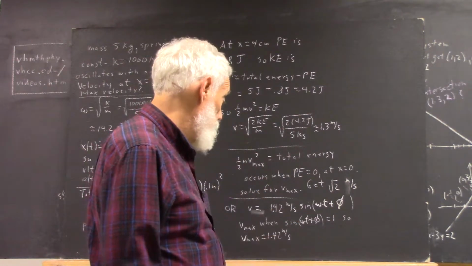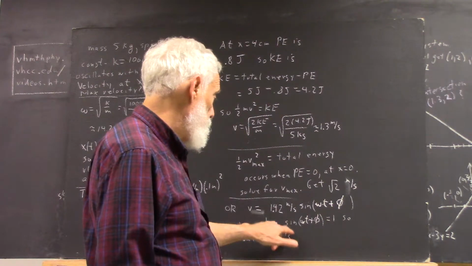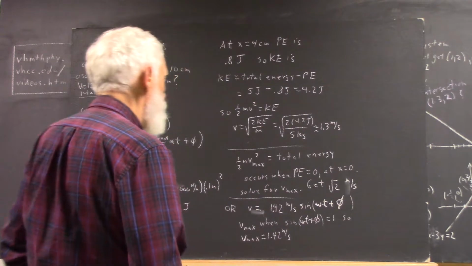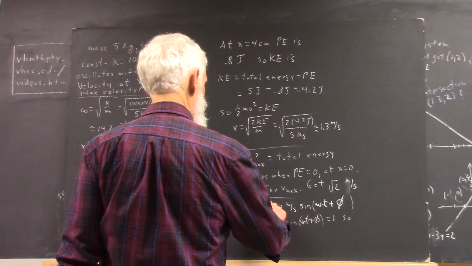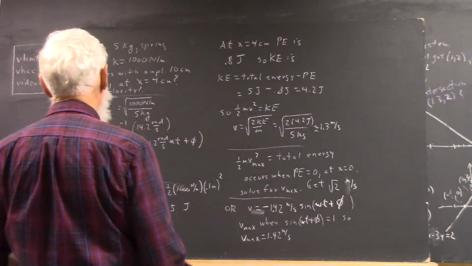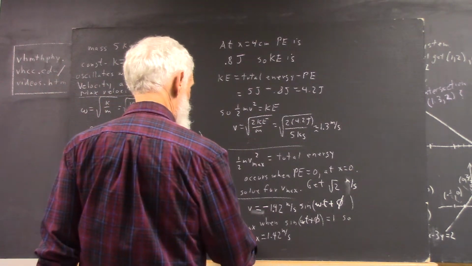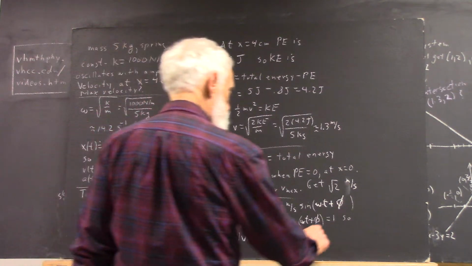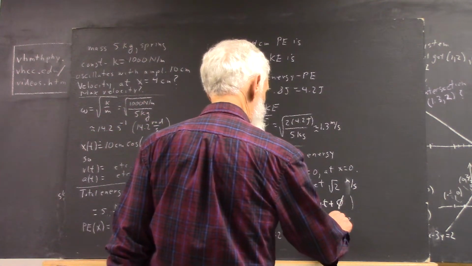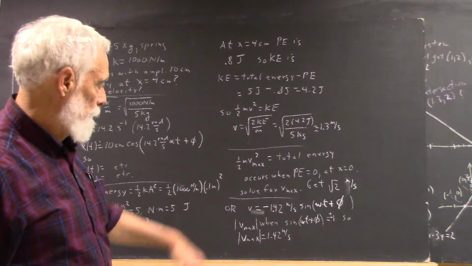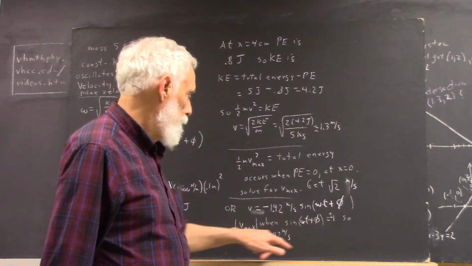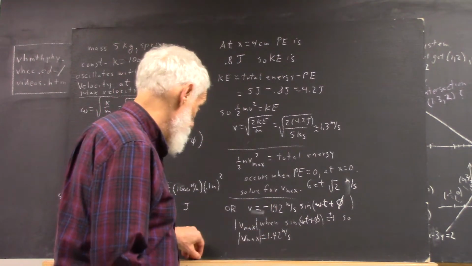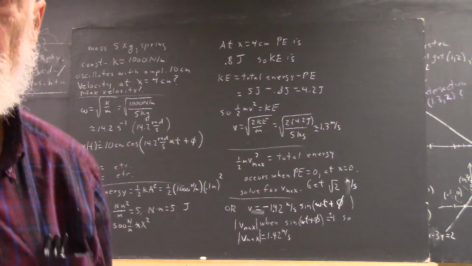So your maximum velocity is 1.42 meters per second, and that occurs actually, this would be negative because your derivative up here is going to be negative. I'll say the magnitude of Vmax occurs when the sine is plus or minus 1. Now it's a truer statement than it was. And at either of these, the magnitude of your Vmax is going to be 1.42 meters per second, and the reason for that should be pretty obvious.